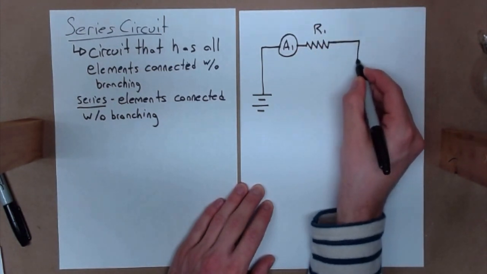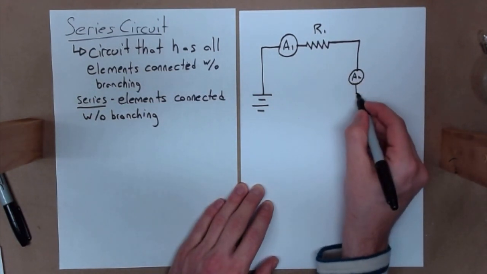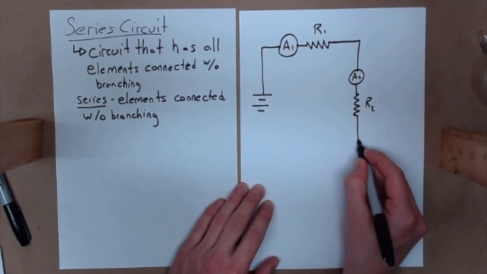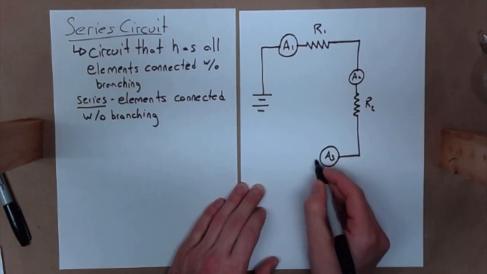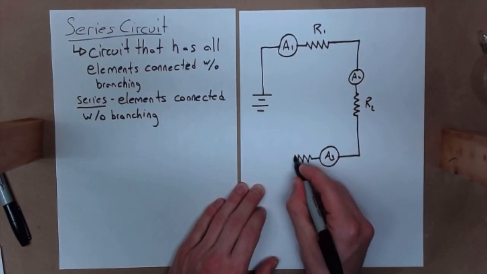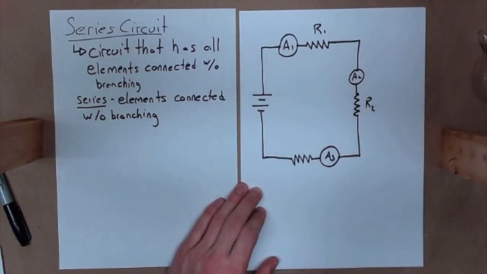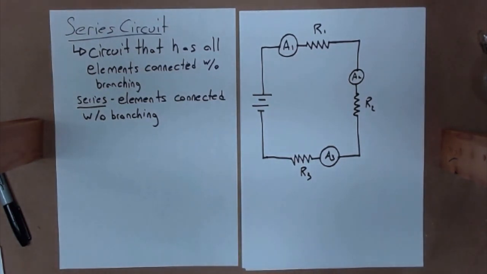That'll go over and down to an ammeter, A2. That's connected to a second resistor, of course R2. That's going to go down and over to a third ammeter, A3. That's connected to my resistor here, and then up to my battery, and this would be R3. Okay, so that is my series circuit.